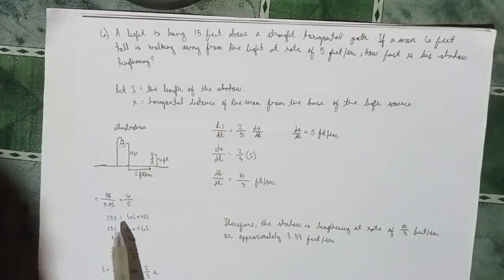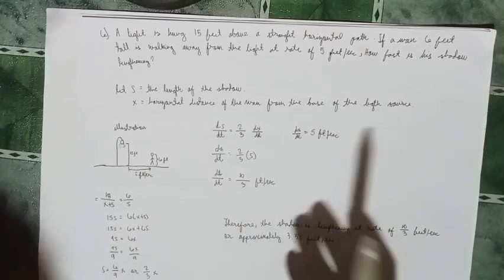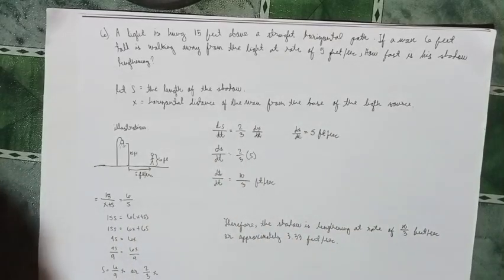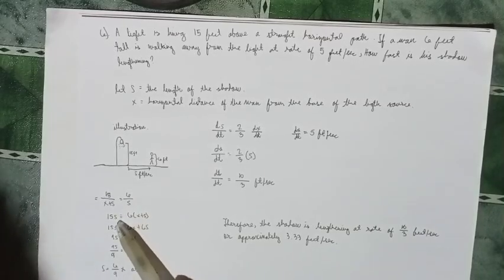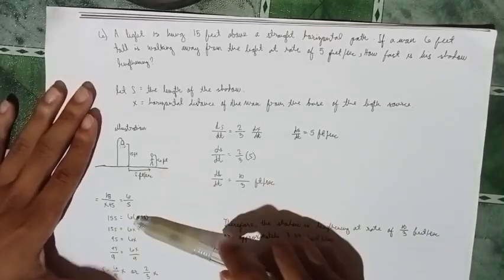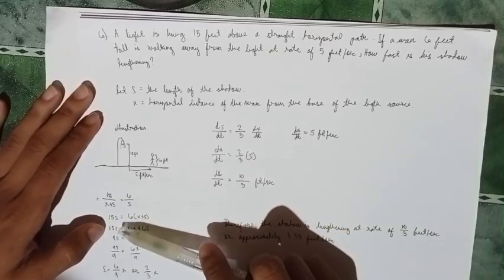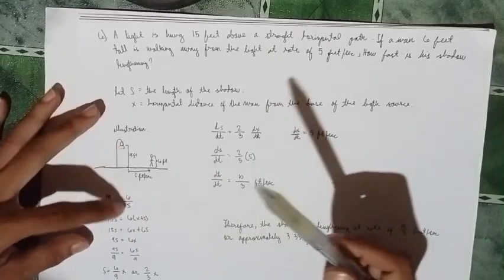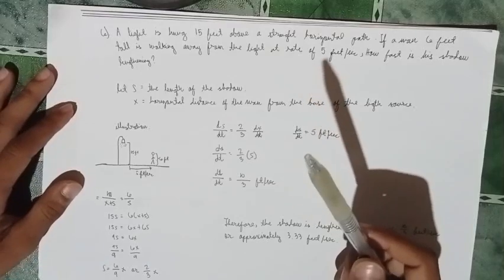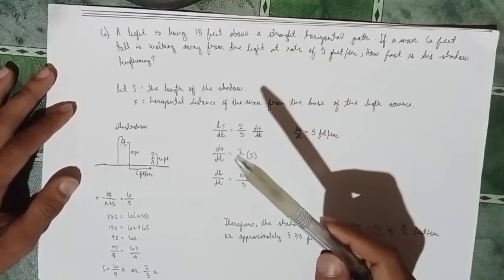Just equate, so 15s, or perform the operation. To find s, 15s is equal to 6 times x plus s. Just distribute the 6, so 6x plus 6s.